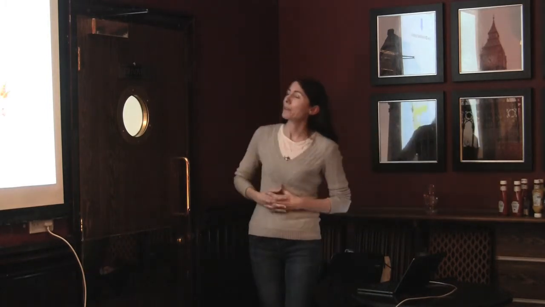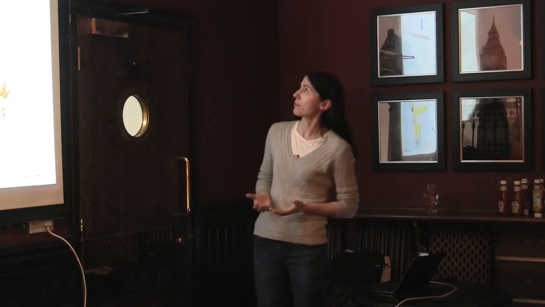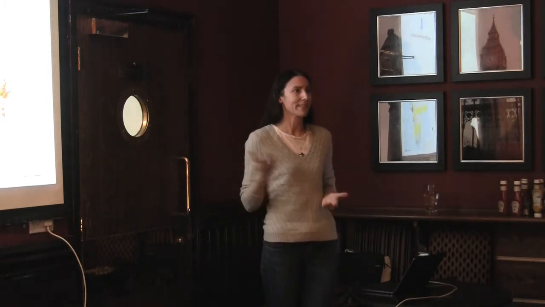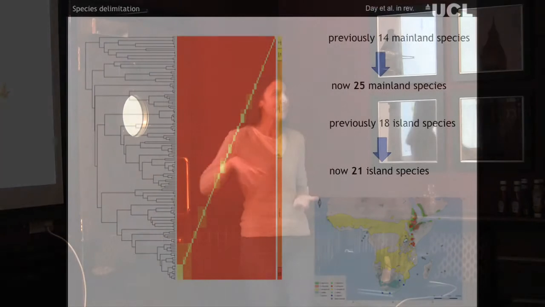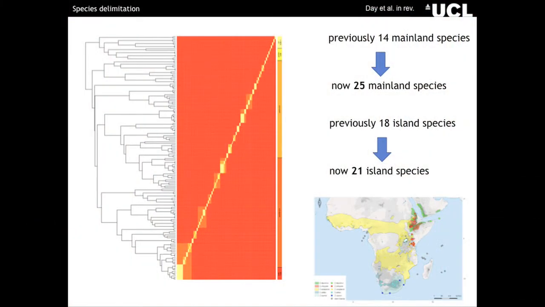Well, actually according to the Handbook of Birds of the World, there are previously now 14 mainland species, because it's taken our Polygaster already and elevated them to species status. So there were previously 14, according to the current handbook. We've now suggested there are probably around 25 mainland species.